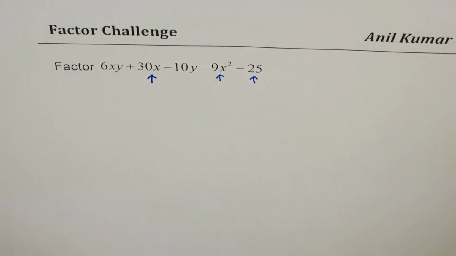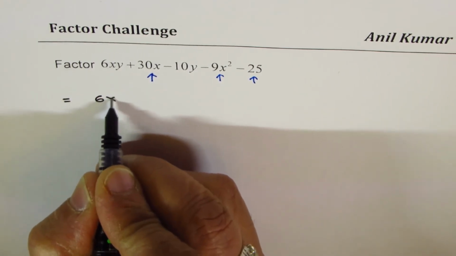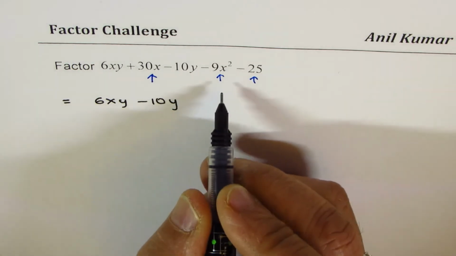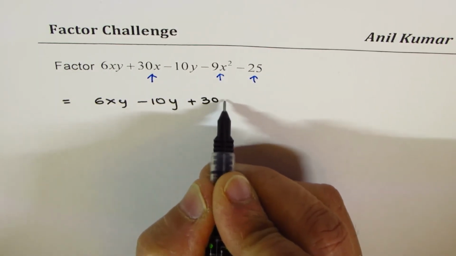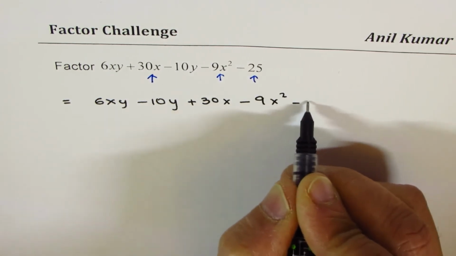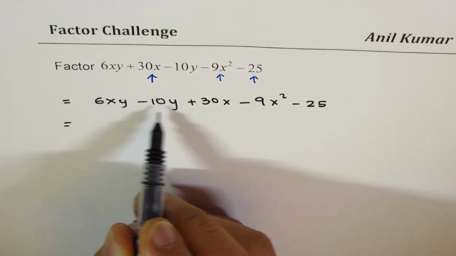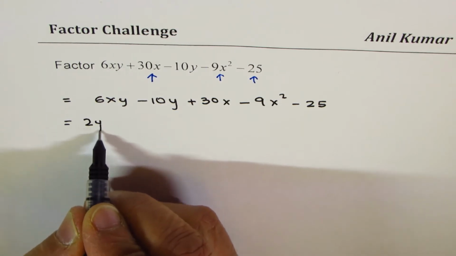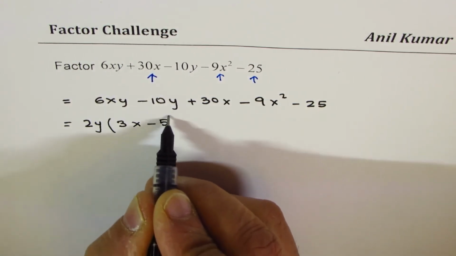So let me rewrite the expression as 6xy minus 10y, and then let's do it in 2 steps. We have plus 30x minus 9x squared minus 25. Now in the first 2 terms, we can factor 2y, right? So we get 2y and we get 3x minus 5.